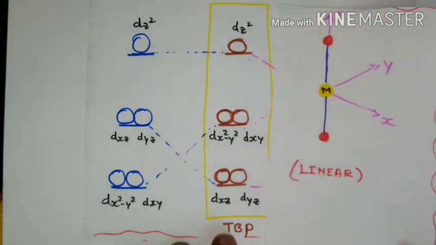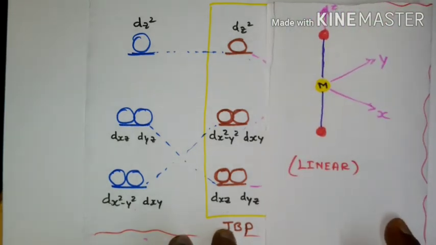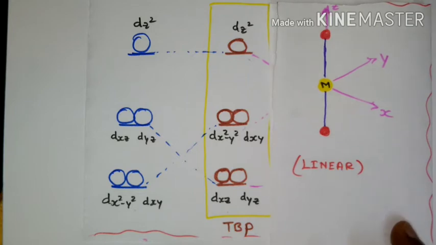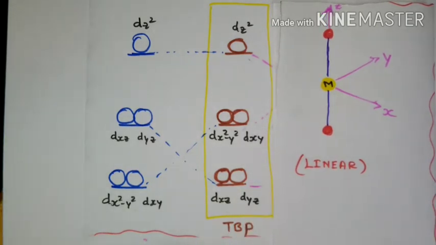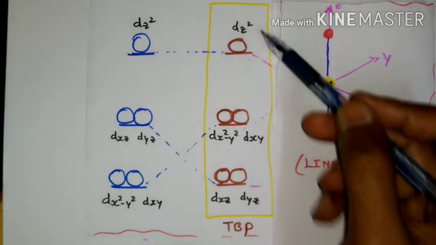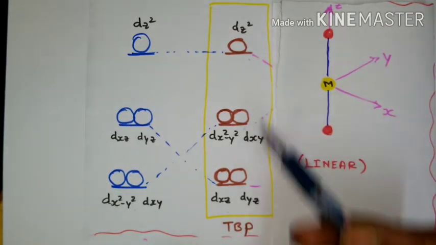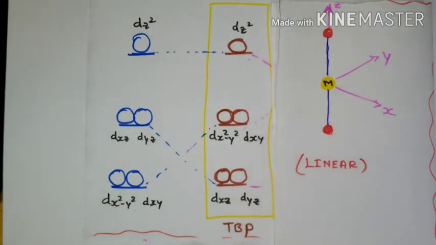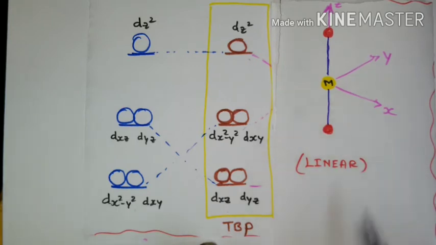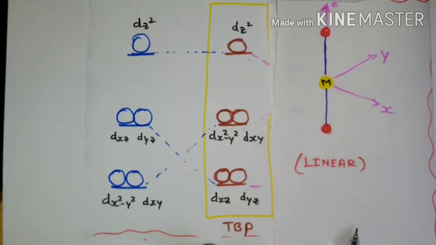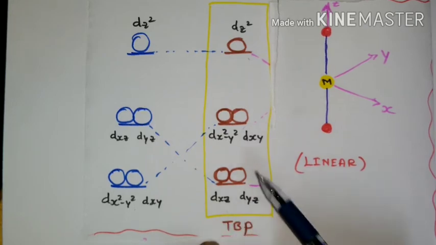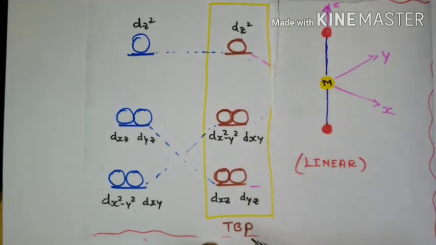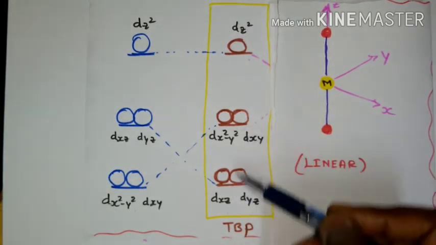That is, for linear geometry, we can write d orbital splitting by keeping trigonal bipyramidal d orbital splitting as a reference point. So this is the trigonal bipyramidal d orbital splitting. If I want to write the d orbital splitting for linear geometry, what I need to do is, in this trigonal bipyramidal geometry, exchange these two energies.